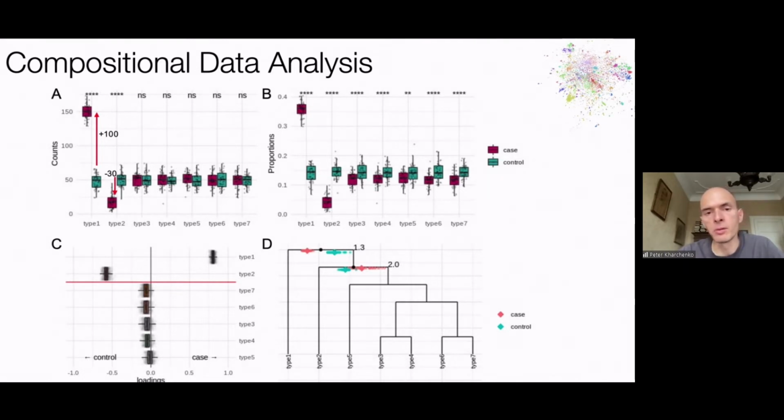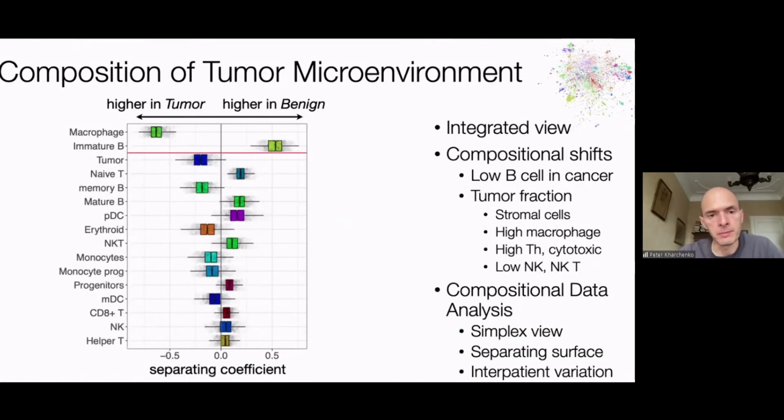So it's basically a more robust way of analyzing proportions. This is the result for this bone marrow study. This is, for instance, the difference in these B cells that I already pointed out. The tumor is much higher in the tumor fraction as you'd expect, as well as macrophage populations, myeloid populations in general.